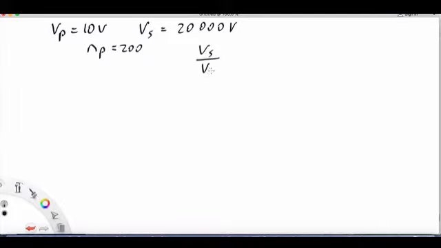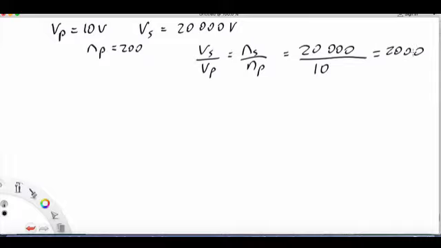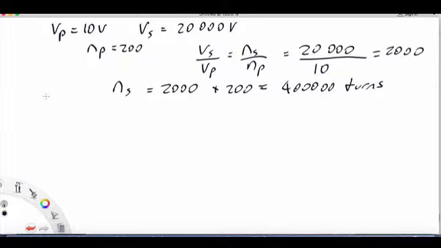So we know that the voltage over the secondary over the voltage in the primary is going to be the number in the secondary over the number in the primary, and that voltage ratio is 20,000 over 10, which is 2,000. So that means the number in the secondary is going to be 2,000 times, because it's stepping up, the number in the primary, which is 200, and that is going to be 400,000 turns. So that was number 5.